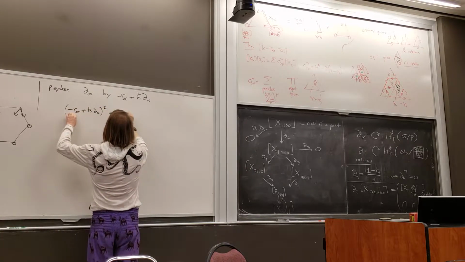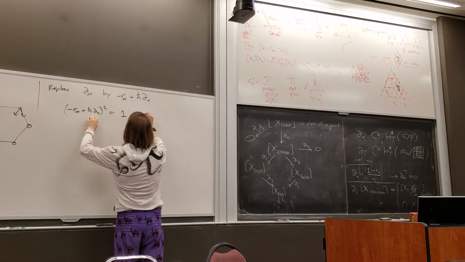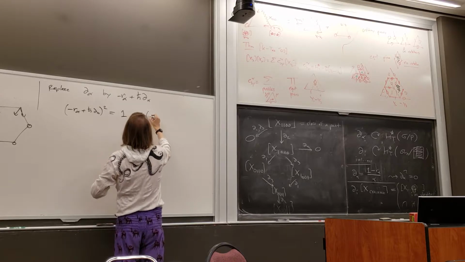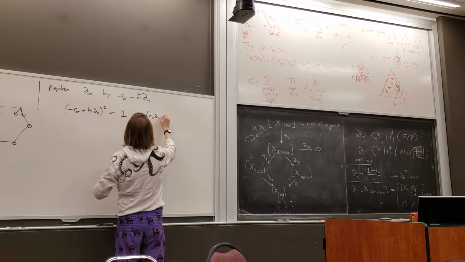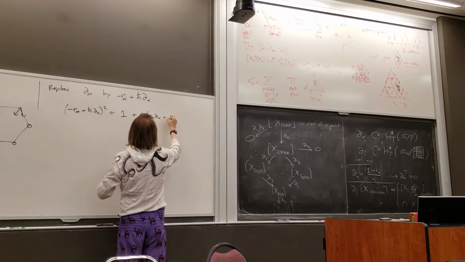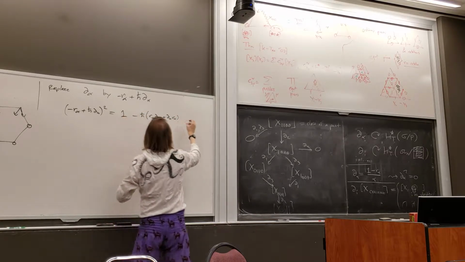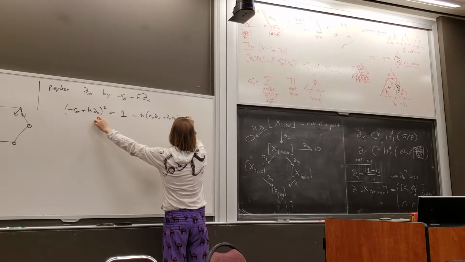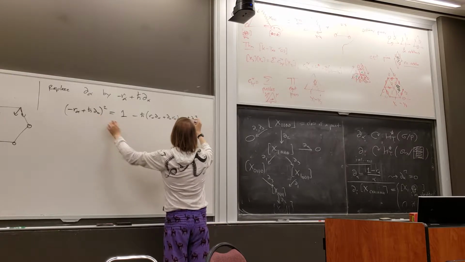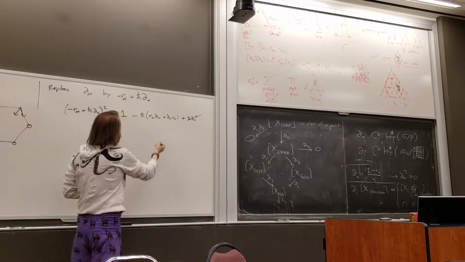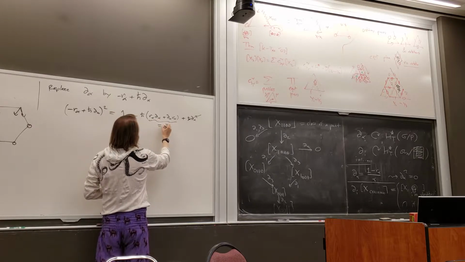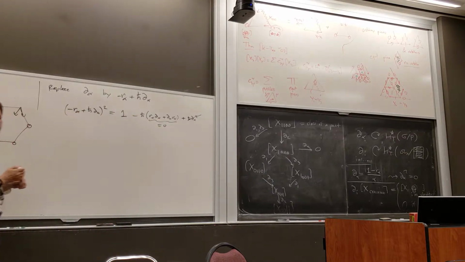Well, this guy squares to 1, and h bar commutes with everything. You get R alpha, partial alpha, plus partial alpha, R alpha, and the same with the minus there. And then this guy squared is 0. But this is 0 already, because R alpha and partial alpha anti-commute. So this thing squares to 1.